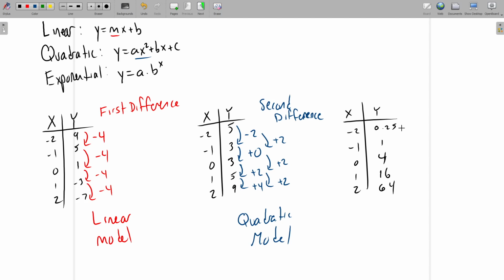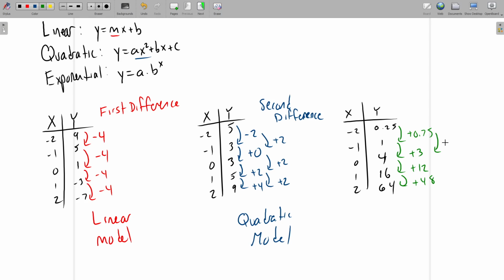Our final example, we want to start the same way. We always want to start the same way in these problems and look at what do I do from 0.25 to get 1? And we have to add 0.75. What do I have to do from 1 to get 4? We have to add 3. From 4 to 16, we add 12. And from 16 to 64, we add 48. These aren't the same, so it's clearly not a first difference. And let's check and see if there is a second difference.